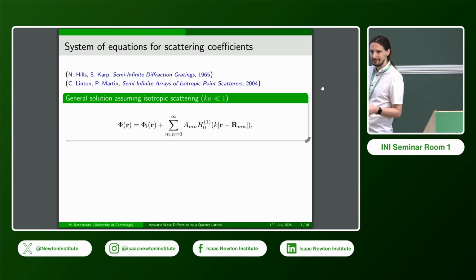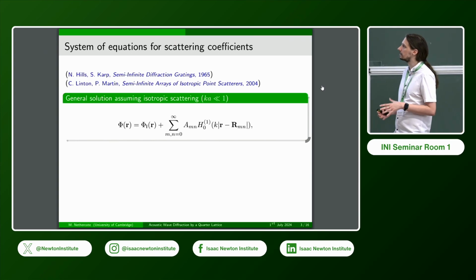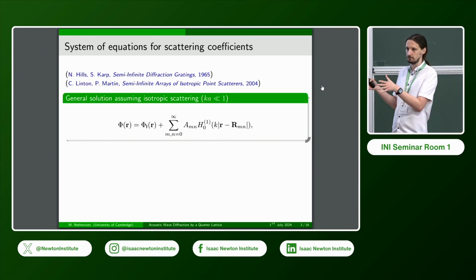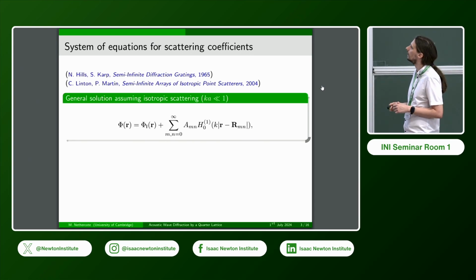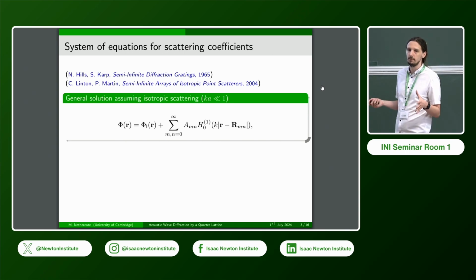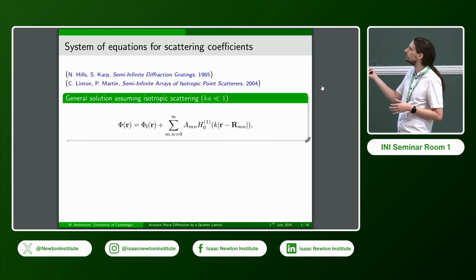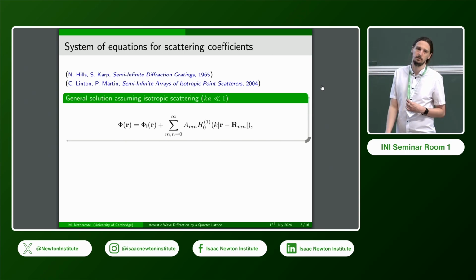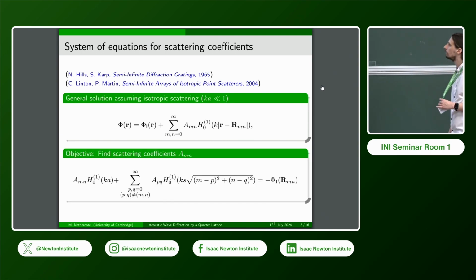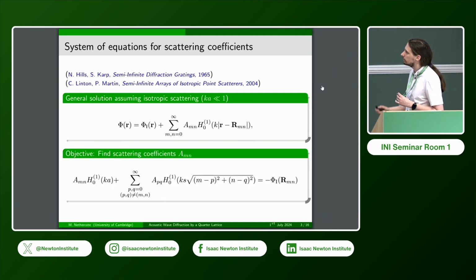This means that the entire scattered field is going to be a summation of all these local scattered fields for every single cylinder. So this makes a monopole expansion. And then the total wave field we can decompose into incident and scattered wave parts. So the objective is clear.